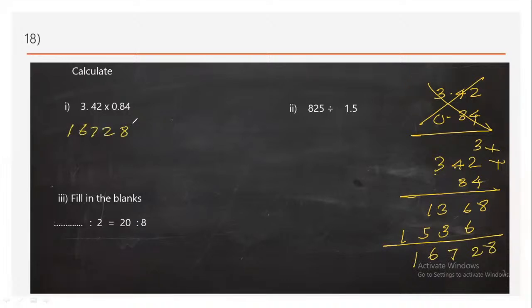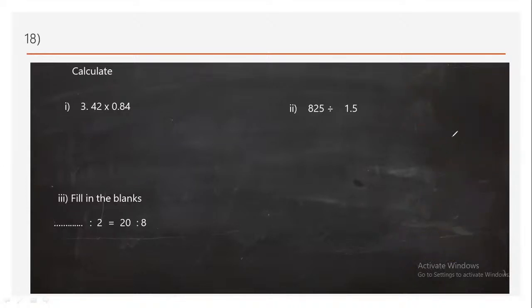So, again I will check it. 342 by 84. 4 times 2, 8. 4 times 4, 16, 1 remainder. 4 times 3, 12 and 1, 13.